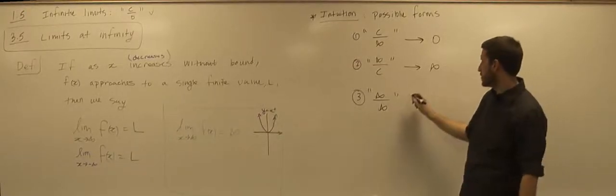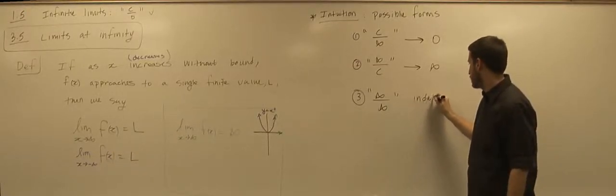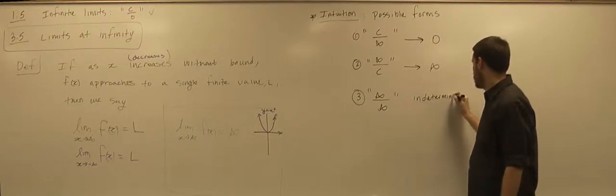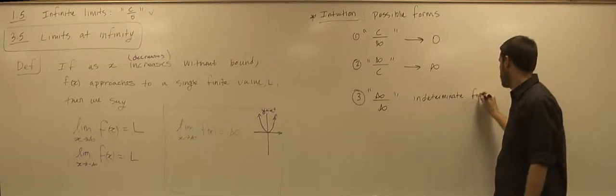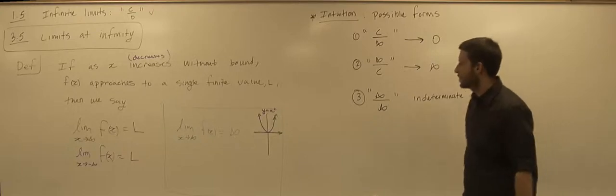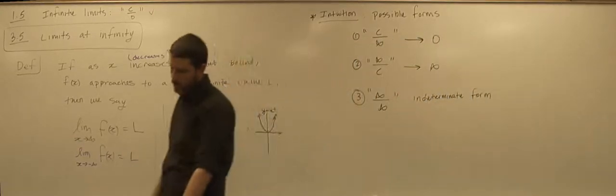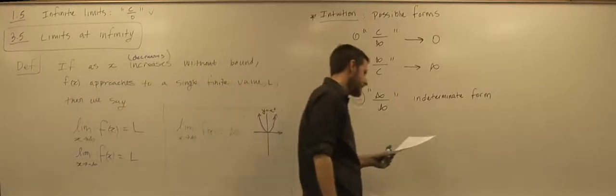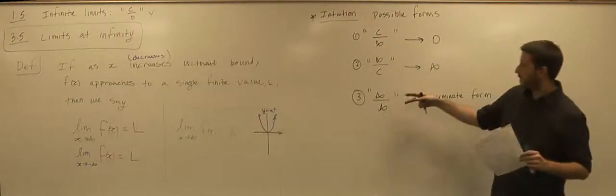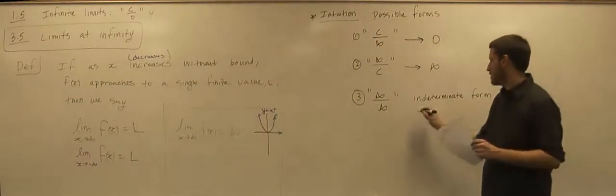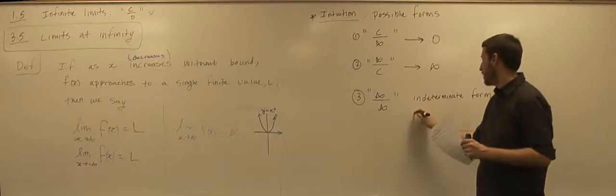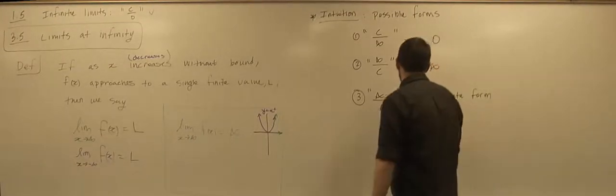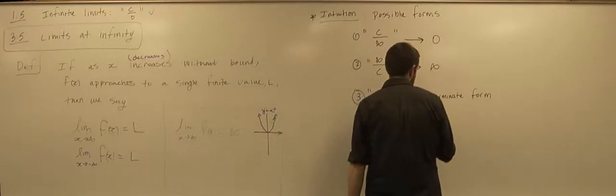So this is an indeterminate form. And my advice in this case, for now, is going to be to divide by the highest power. I'll show you what that means.